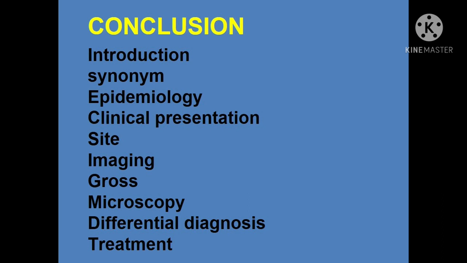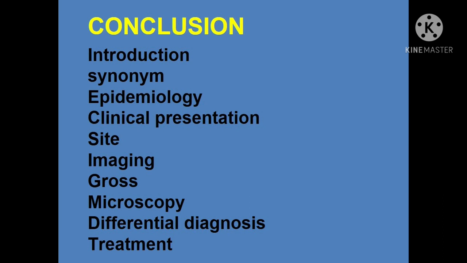If you want, you can mention that it usually involves the epiphysis and it may extend to the metaphysis. Next, coming to imaging, very important point, no? So soap bubble appearance you can write. If you don't remember all those terminologies like lytic lesion, eccentric lesion, expansile lesion, you can just mention soap bubble appearance in imaging.